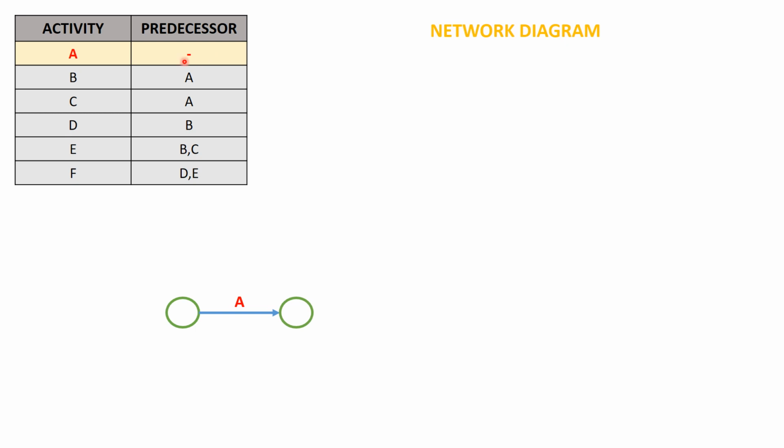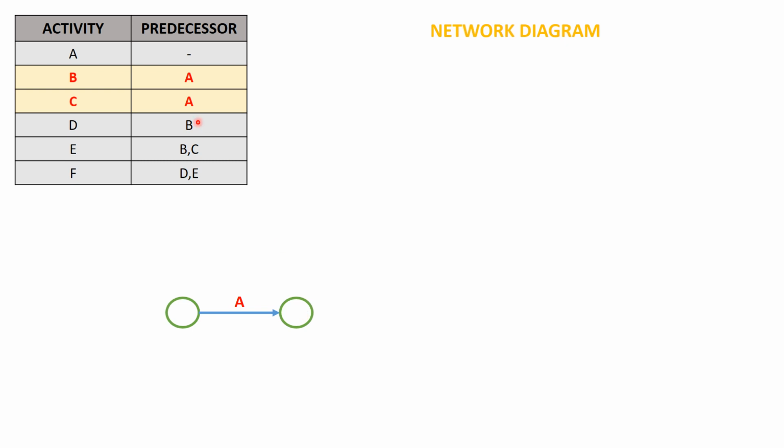So next we'll go with the next activities, which would be activity B and activity C. Why we are considering both these activities is because both activity B and C have a common predecessor, that is activity A. So what does this mean? So in order to start activity B and activity C, activity A has to be completed. So if we look at our network diagram here, activity A is completed, and that is represented by this node or an event.